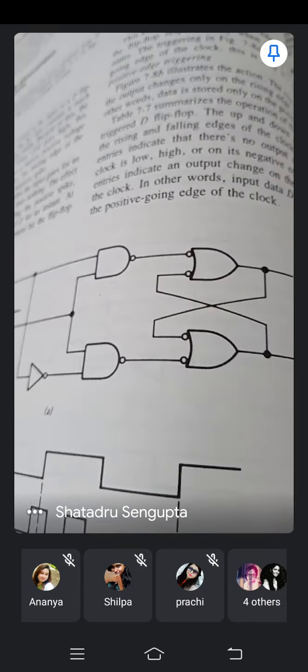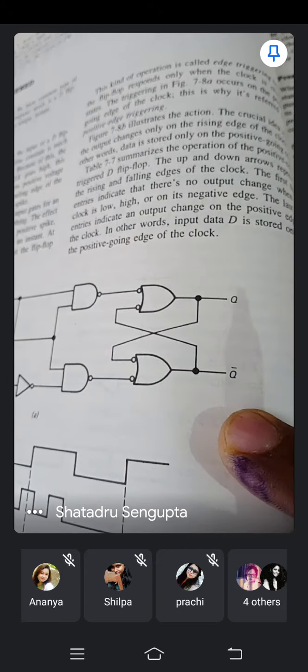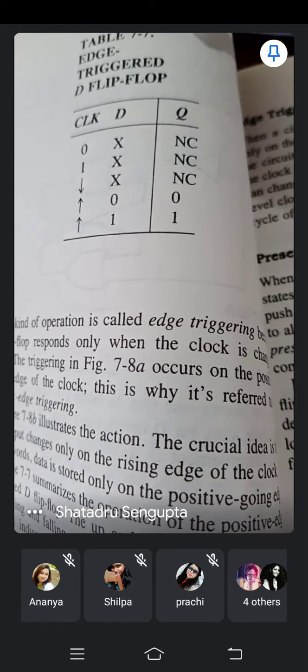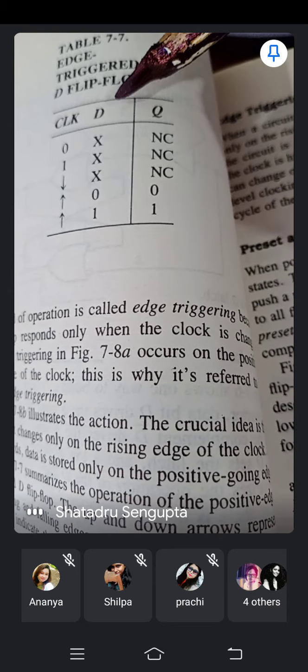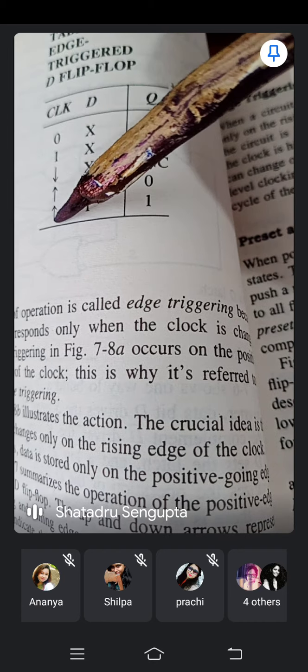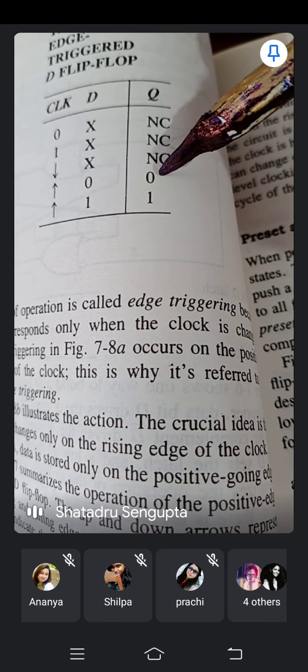So you can imagine, look at the table here. With the rising edge only, D is 0, output is also 0.